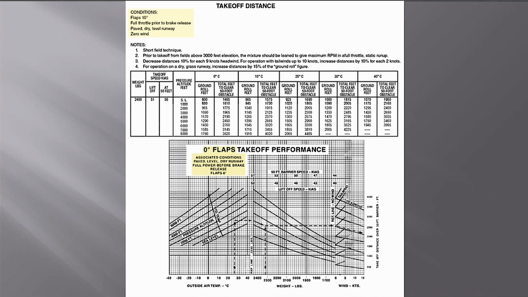Generally speaking, there is an exact conversion that you could use, but generally speaking, to the nearest 1,000 feet, you will round up or down, okay, and use your field elevation. Whatever that field elevation is, this is what we're going to use, okay?